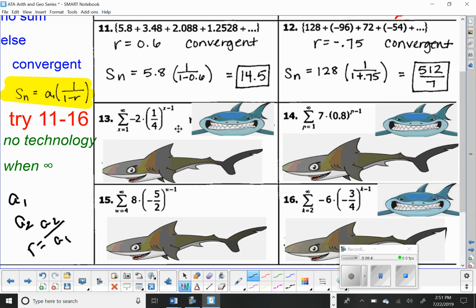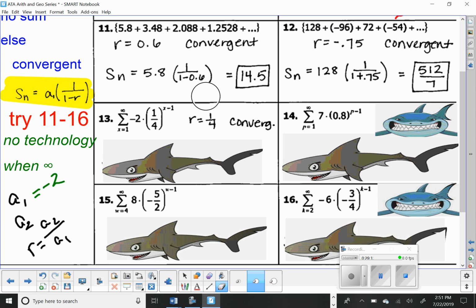So, here, r is 1/4. How did I get 1/4? Well, I did -2 times 1/4 raised to the 1 minus 1, that's 0. Anything to the 0 power is 1. So a sub 1 was equal to -2.